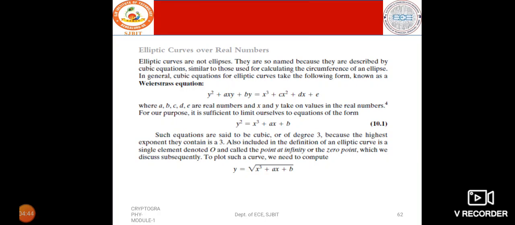In general, cubic equations for elliptic curves take the following form, known as the Weierstrass equation: y squared plus axy plus by is equal to x cubed plus cx squared plus dx plus e, where a, b, c, d, e are real numbers.